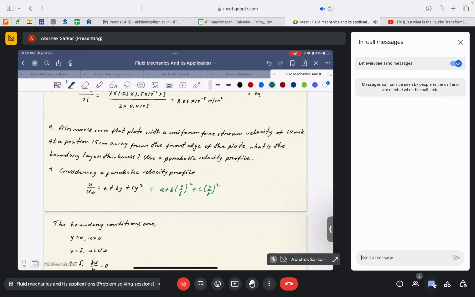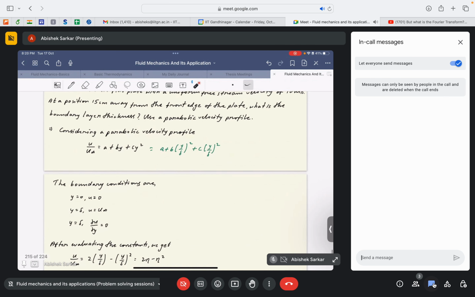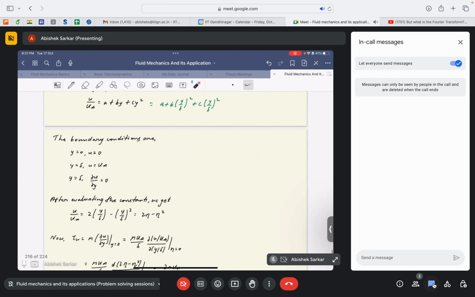Whether you choose this form or that form, after you apply the boundary conditions, you will end up with the same expression for the velocity profile.